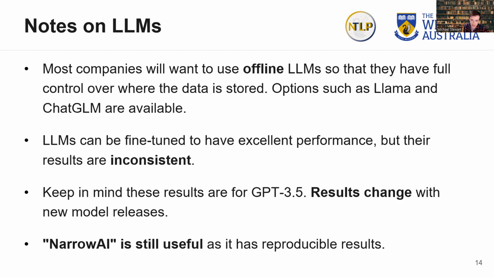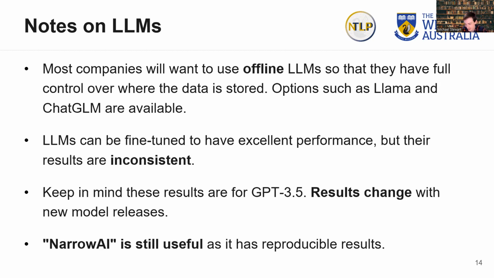And as I showed in the previous slide, LLMs can be fine-tuned to exhibit excellent performance, but unfortunately, their results are inconsistent. We ran these same experiments a year later, and the results were completely different. And we don't know why. We suspect GPT may have changed their training process, but we never found out what actually happened. So from a production point of view, that's not great.